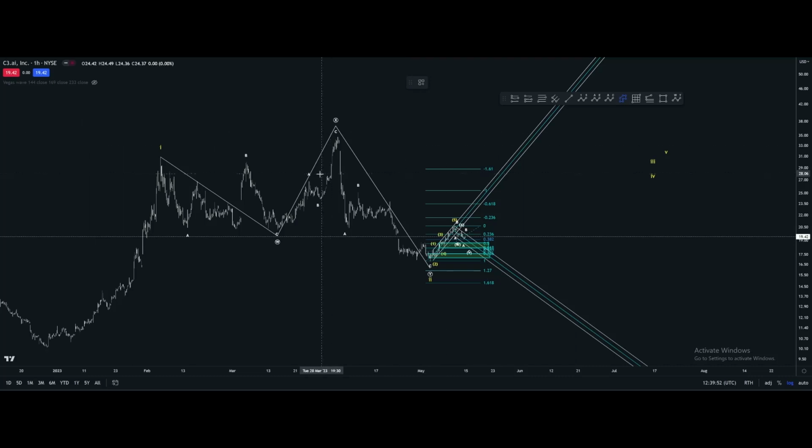You can also have a case of this being a zigzag with a leading diagonal and an impulse here, so ABC. But then you cannot have another zigzag. You can have 2 times zigzag in a double combo.